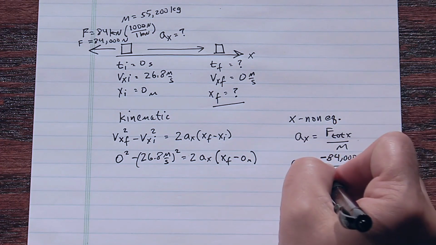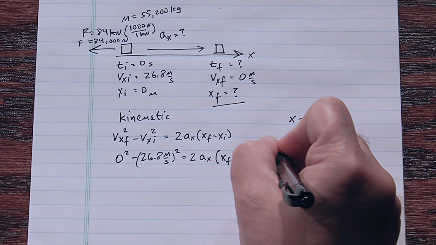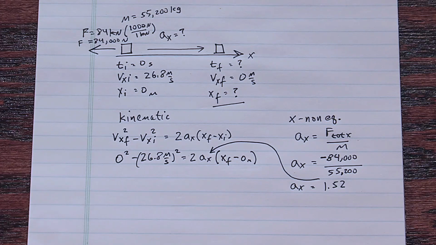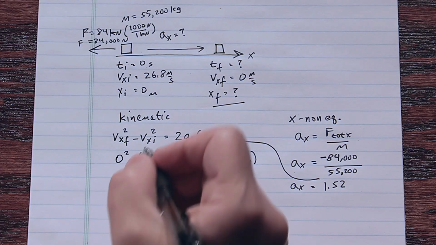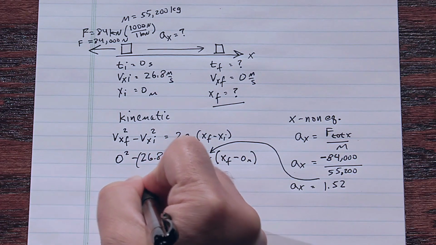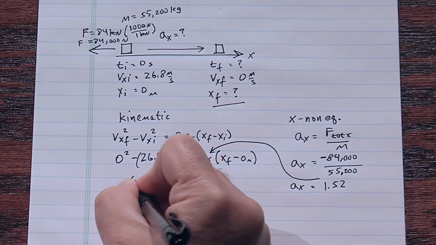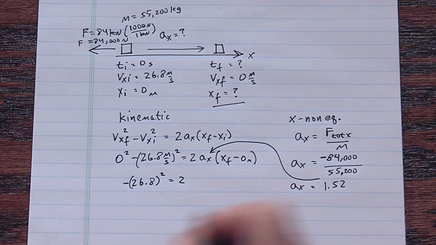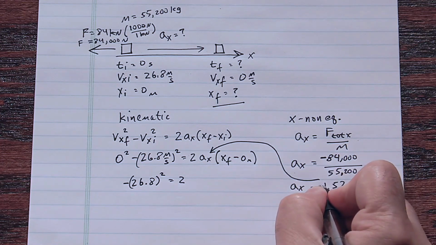And now we can take that and put it into this equation, which will then leave us with only one unknown, and we can solve it. So I have minus 26.8 squared equals 2. And I'm sorry, I made the same mistake again. I didn't carry down my negative sign.